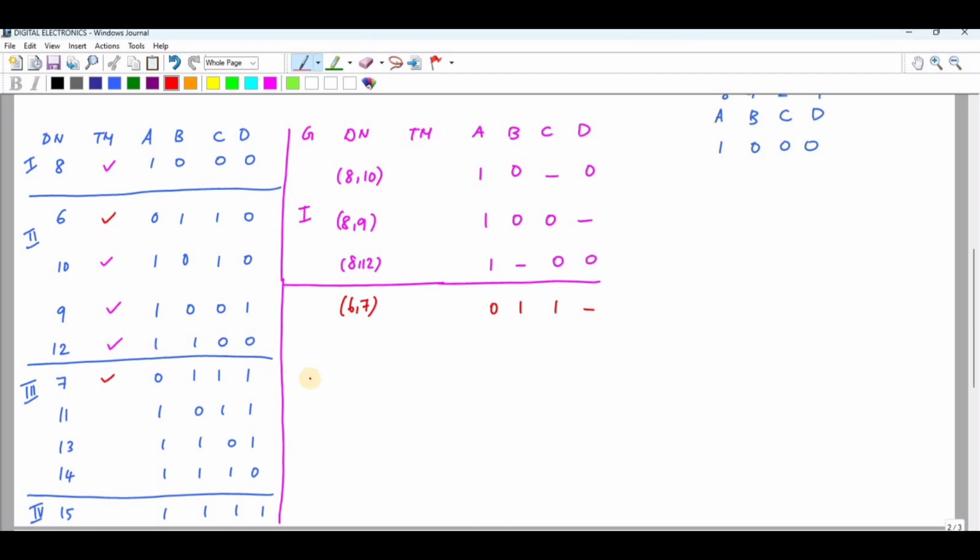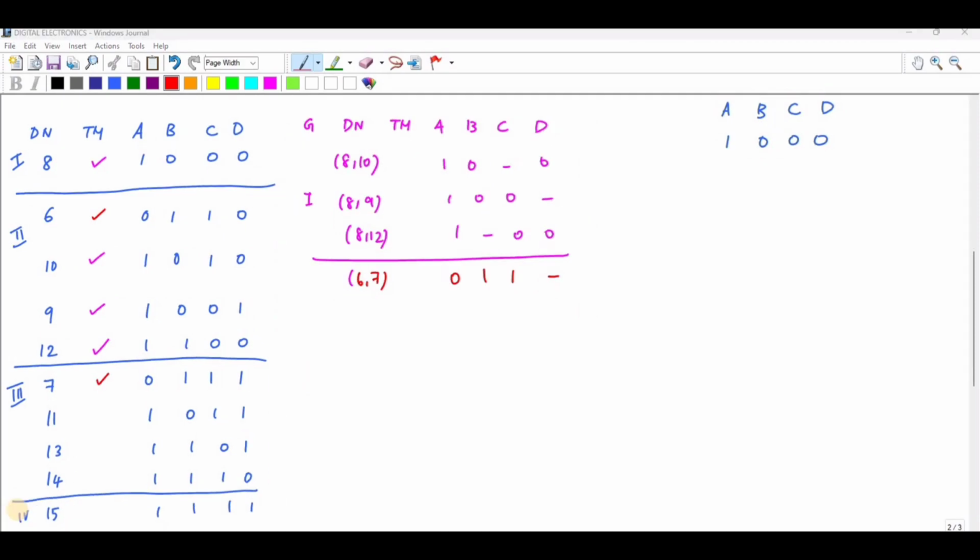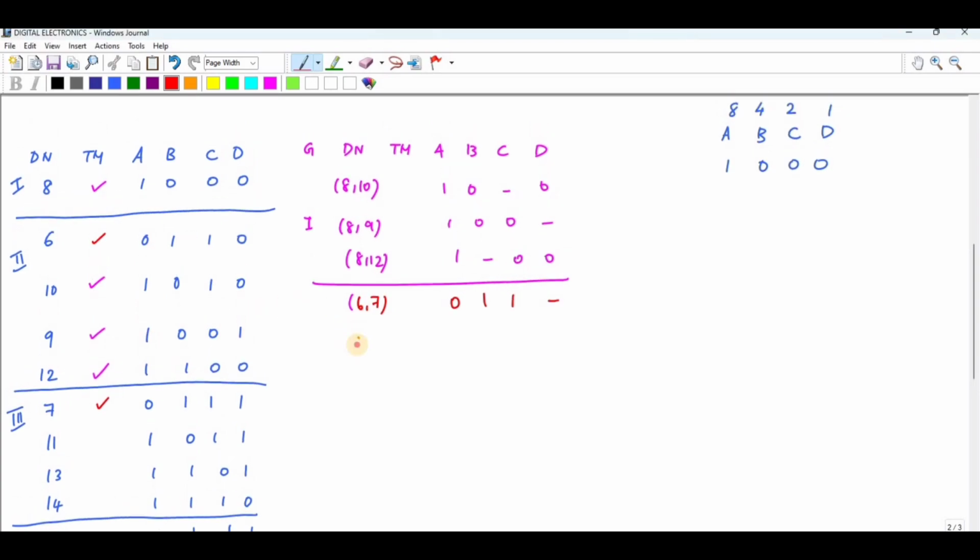Next, 6 and 14. If you see 6 and 14, you will get dash 1 1 0.